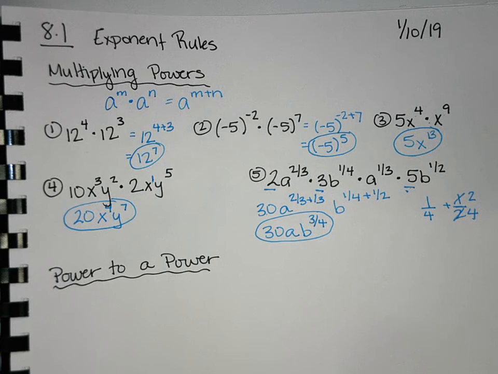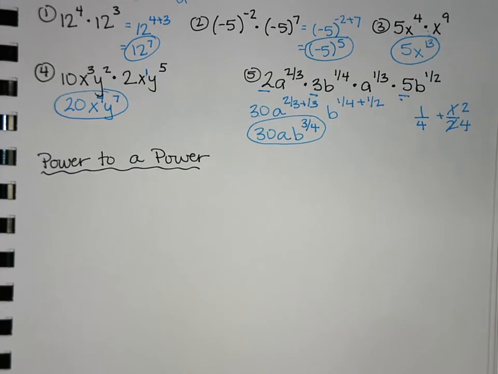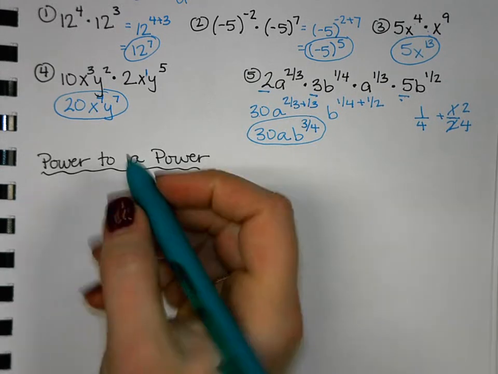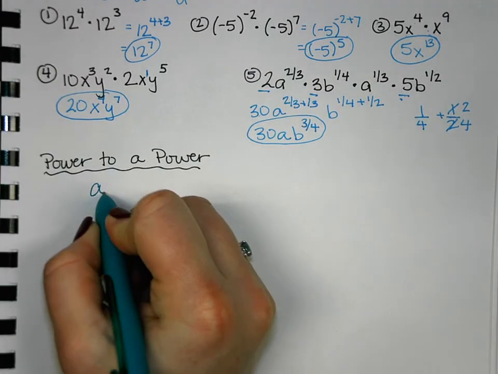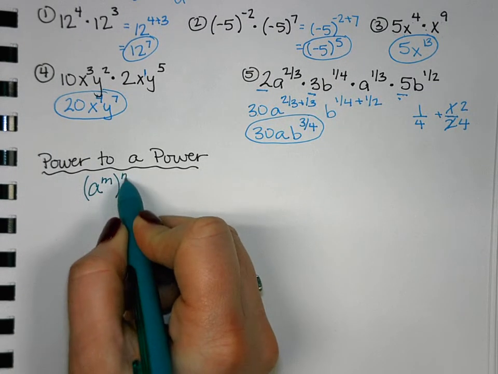Okay, our second property is called power to a power. Power to a power is when we have a base raised to a power raised to another power.